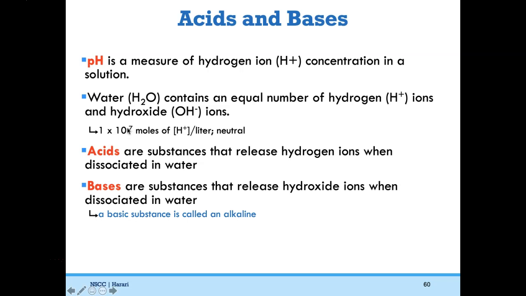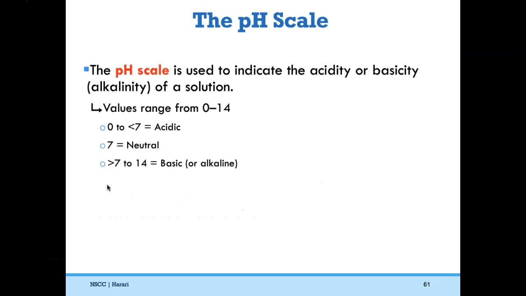So a pH of 3 represents more H+. It's more acidic, right? So the higher the exponent, the fewer H+, and the more basic a solution is. If you haven't read this in the book, this might be confusing the first time. So 0 to 7 is acidic, 7 is neutral, greater than 7 to 14 is basic or alkaline.